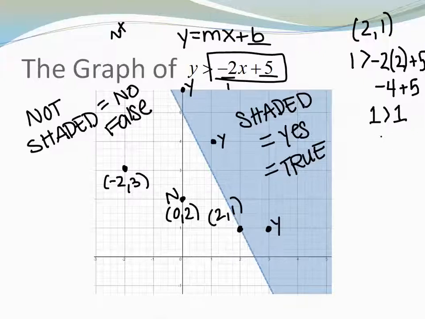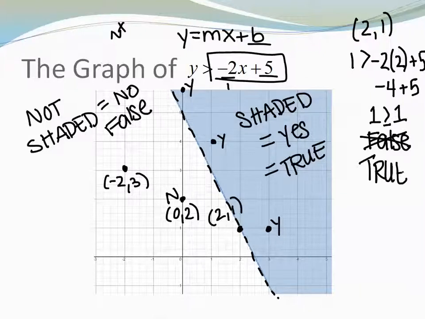Because we don't have the equal to, that makes this false. And that is why it's dotted, because there are no answers on the line, because we don't have the equal to sign there. If the equal to sign was there, then that would become true. In that case, we make it solid.